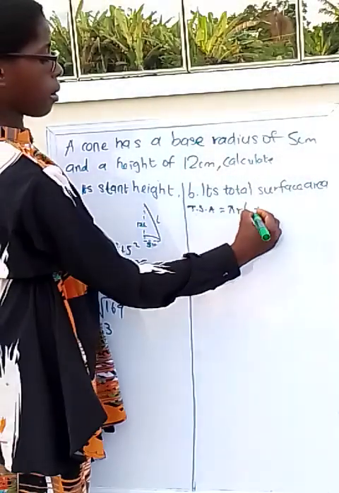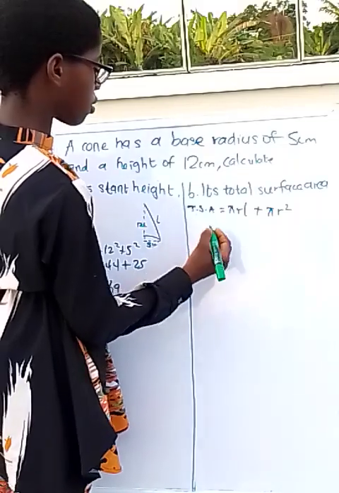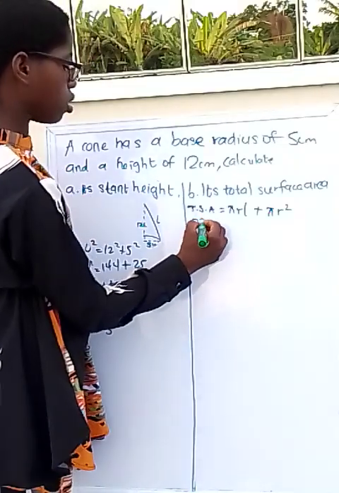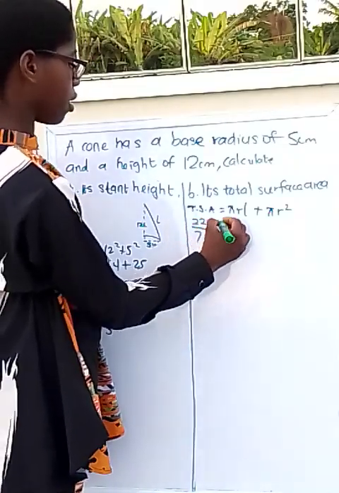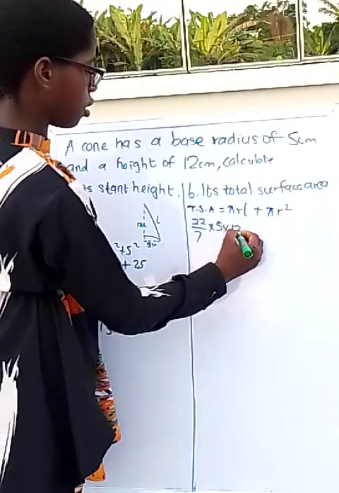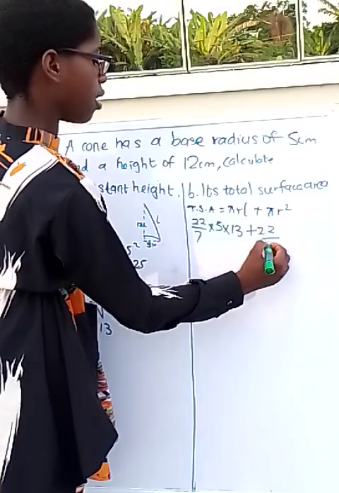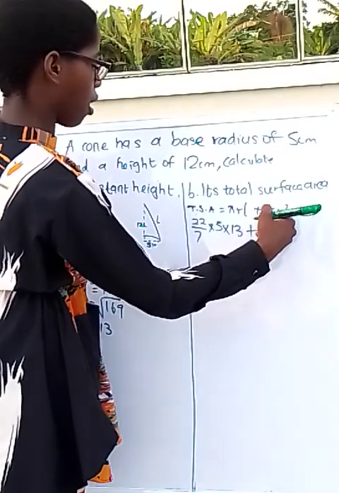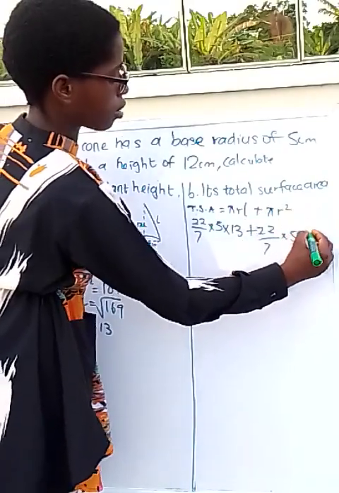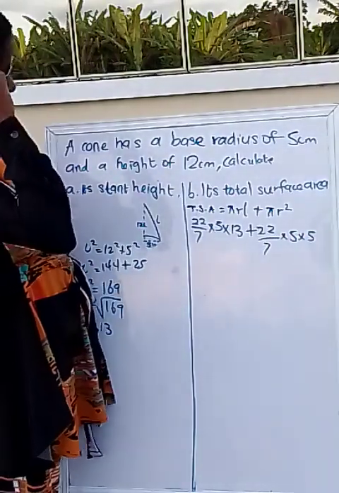So total surface area is equals to our pi is 22 over 7 times our radius is 5 times our L is 13 plus our pi is 22 over 7 times our r is 5 times 5. So 22 times 5 times 13.